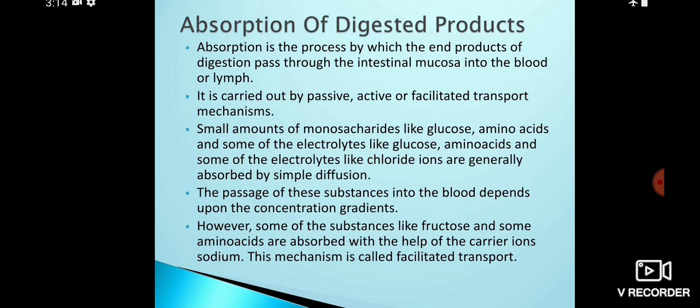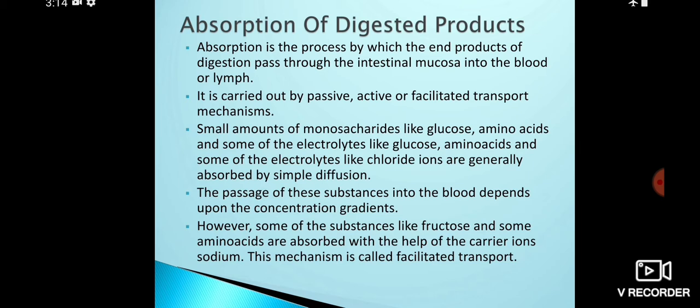Okay, so the next topic is absorption of the digested food products. So what is this absorption? As I've told, digestion is just a process which helps in the breakdown of the larger food substances into smaller food substances. But those smaller food substances should always be in an absorbable form. Why should they be in an absorbable form?